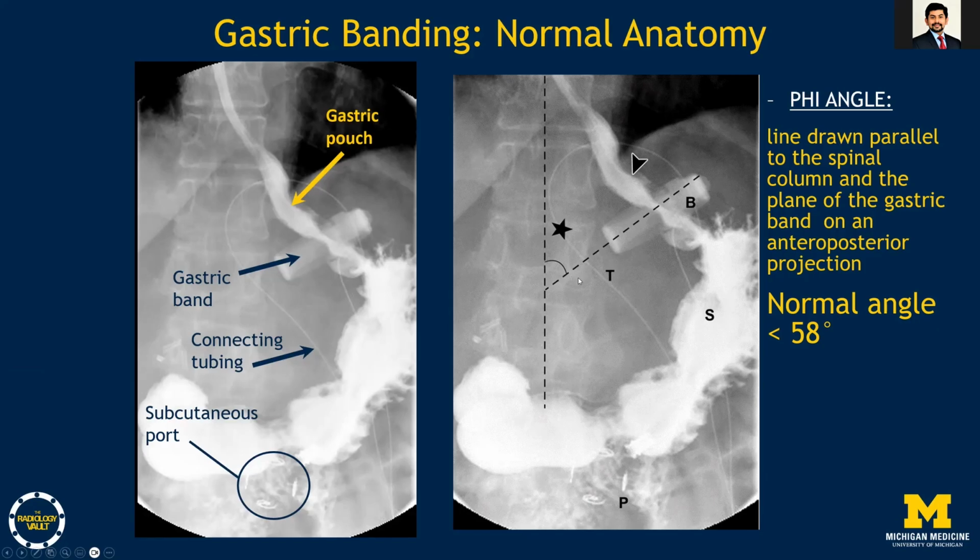This phi angle should be less than 58 degrees, or in a range of 4 to 58 degrees, on an anteroposterior or frontal view of a radiograph. It is important to know that an increase or a decrease in the angle is suggestive of band malfunction as well as slippage of the lap band.